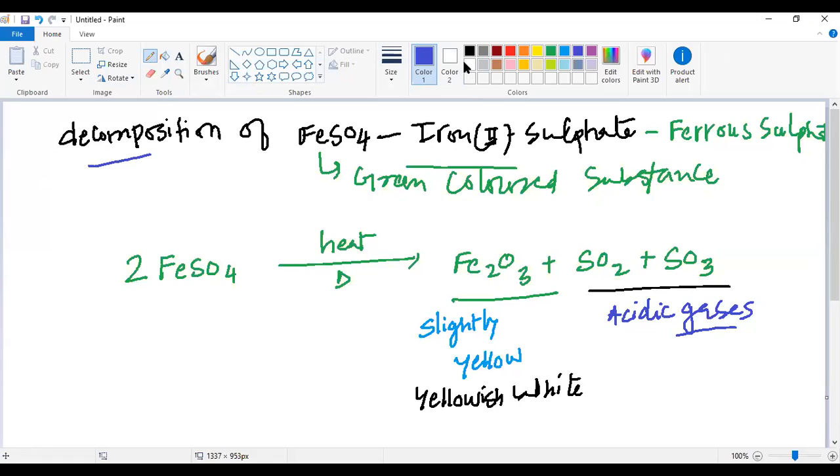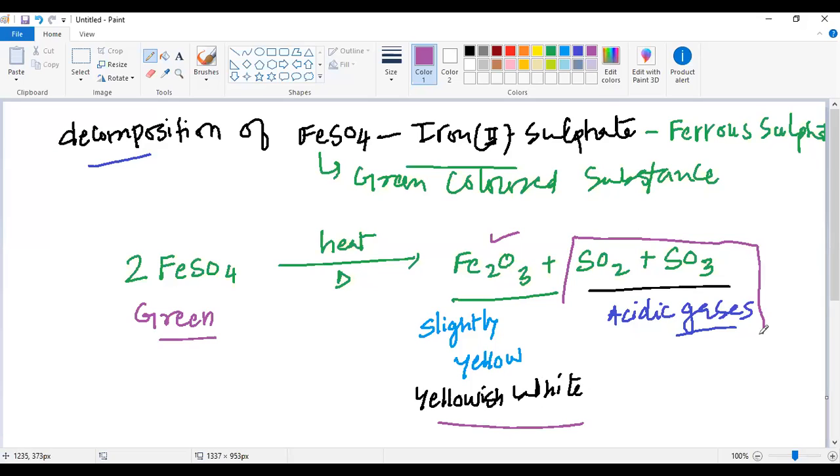So you have seen, my dear students, that initially we have taken the green colored crystals of FeSO4. This green colored FeSO4 turns into yellowish white Fe2O3 crystals, and these are the gases which are produced.